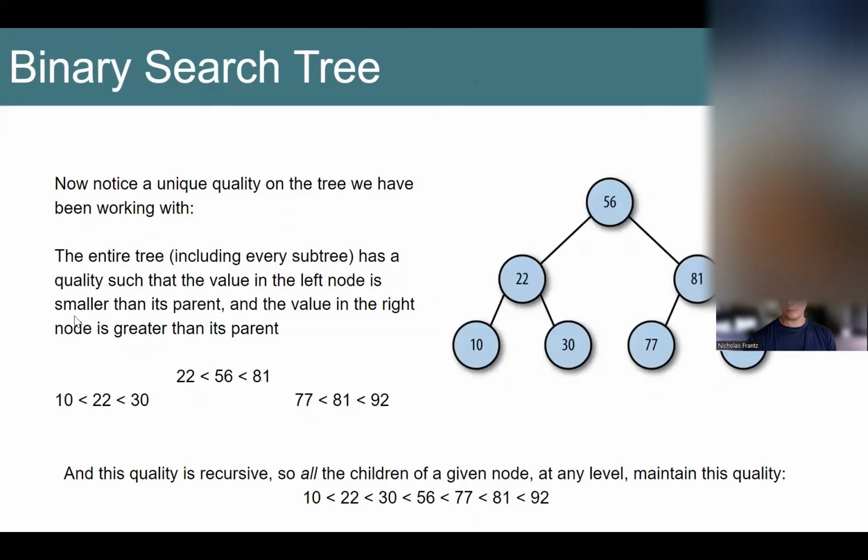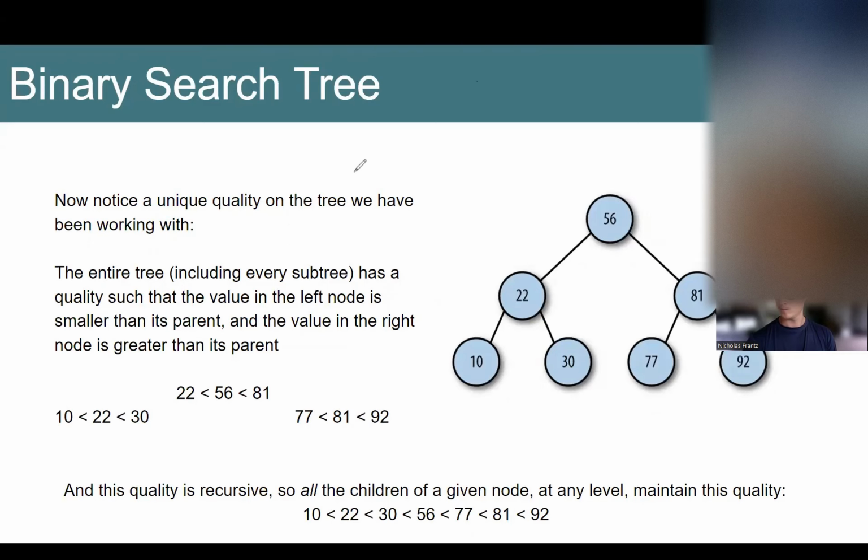So if we go back to this tree, how can we search it to find a specific value? Let's say that I tell you, tell me where 77 is in this tree. How can I find 77? Well, we can start at the root node and compare 77 to 56.